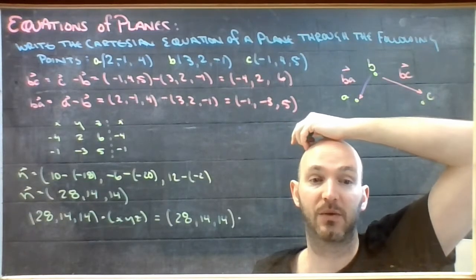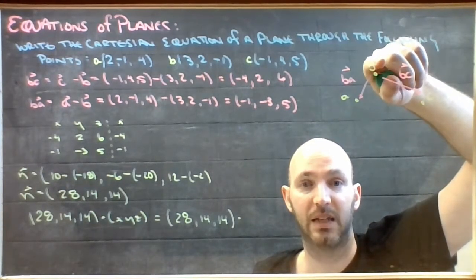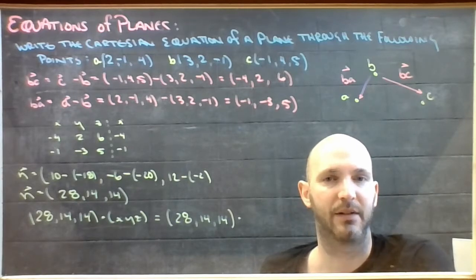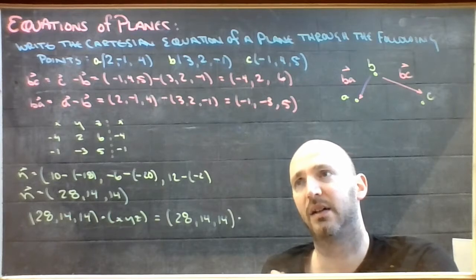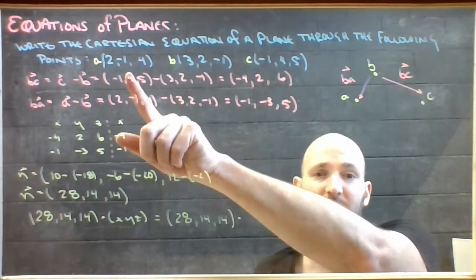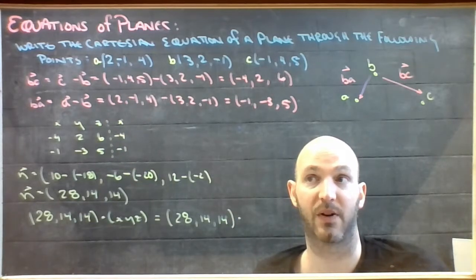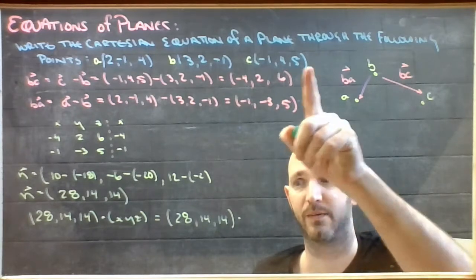Well, here you have some choice. I could use A because it's in the plane, or I could use B, or I could use C. Doesn't matter. You get to pick. So just for ease, I'm going to go with A, 2, -1, 4, just because it's first, and I don't want to have to do 4 and 5 times 14.